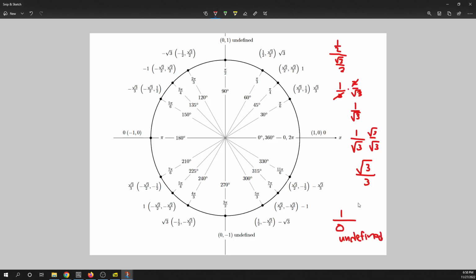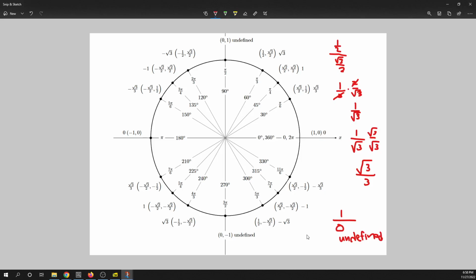So you could run across that when you're trying to convert from Cartesian to polar. If you get a tangent that's undefined, then you would know that the value is either pi over 2 or 3 pi over 2. How do you determine which one? Where's your point located? If it's up here on the positive part of the y-axis, then you could probably go with pi over 2, and down here with 3 pi over 2 if it was on the negative part of the y-axis.